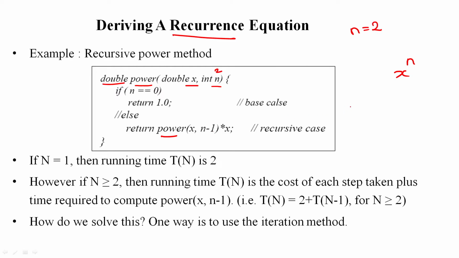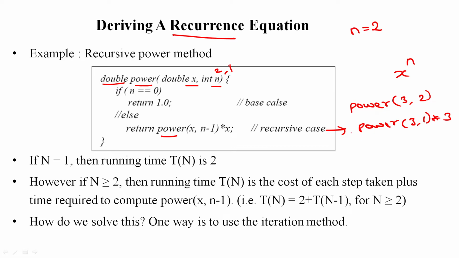Here n equal to 2, so initially we are passing power of x, you can take 3, and the n value is 2. Then you are returning power of 3 comma 2 minus 1, into 3. Then again it will go back. Now the n value is 1, so n equal to 0 is false.